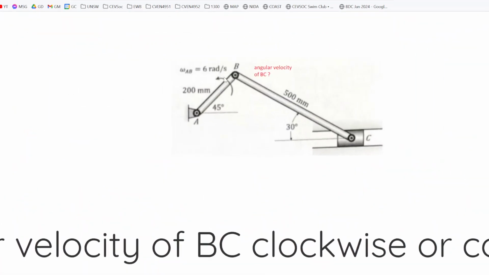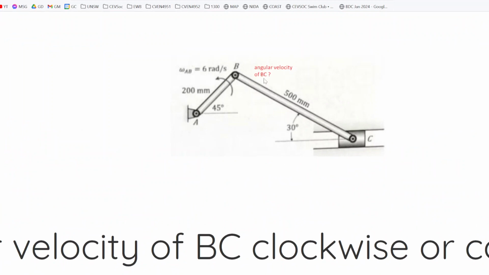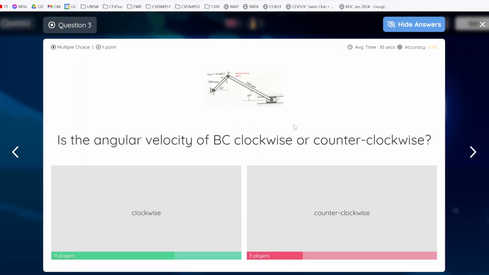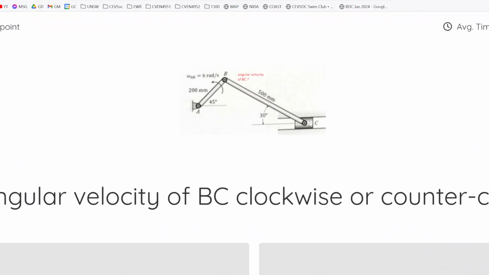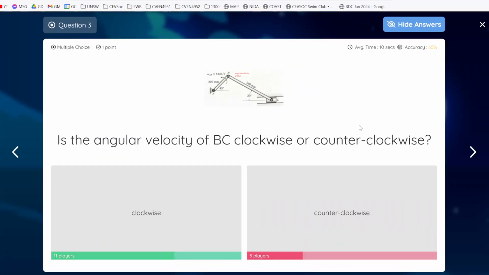Zoom in. So yeah, the angular velocity of BC, so that's from B to C, right? And that's clockwise, because that slider will want to move to the left, and it's just going to turn clockwise.